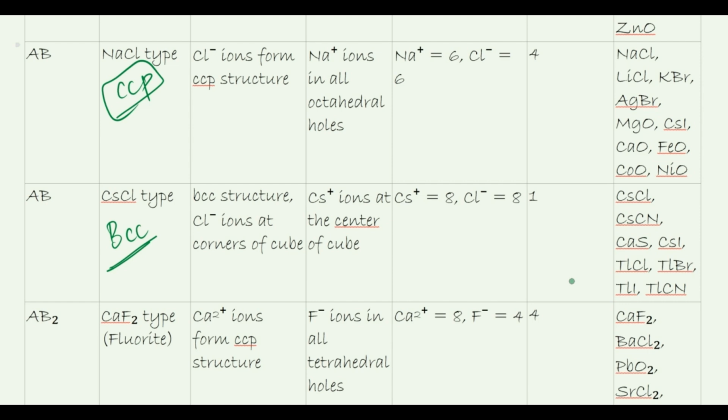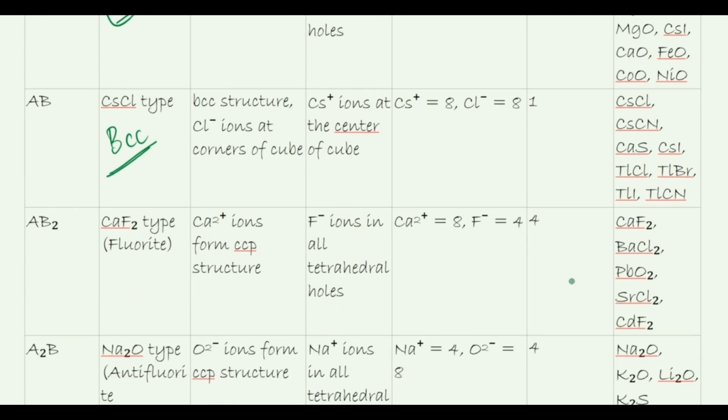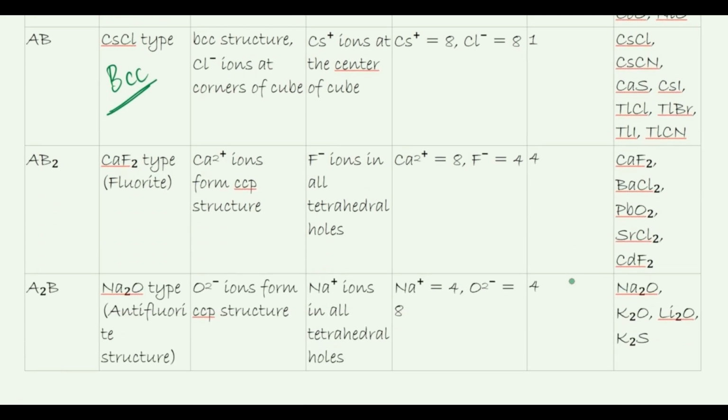And then AB2 fluorite structure where calcium is forming CCP structure and F minus goes to the tetrahedral voids. Again AB2, I'm telling you for fluorite type. In case of A2B antifluorite structure, just opposite.